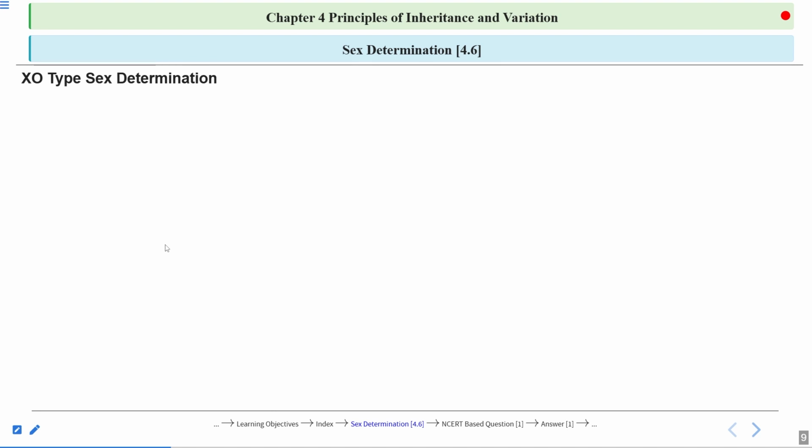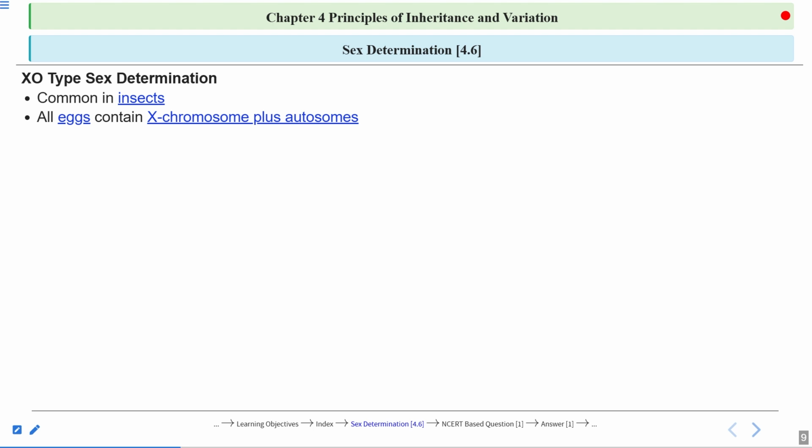Now first let's talk about the XX and X0 type of sex determination mechanism. This is common in insects like grasshoppers. Here all the eggs, all the female gametes, the ovum, contain an X chromosome in addition to the autosomes.